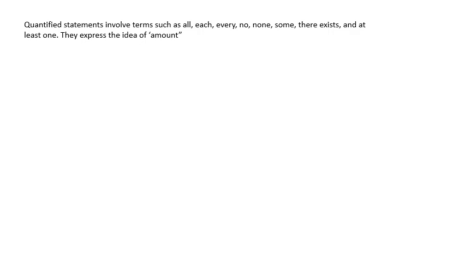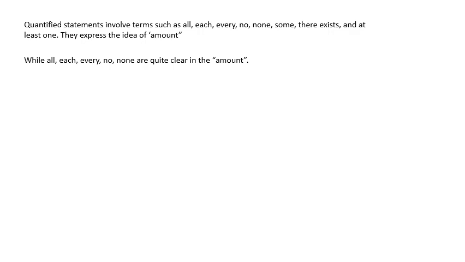Quantified statements involve terms such as all, each, every, no, none, some, there exists, and at least one. They're expressing the concept of an amount. They don't tell you in particular the amount, but it is a quantifier term involved.